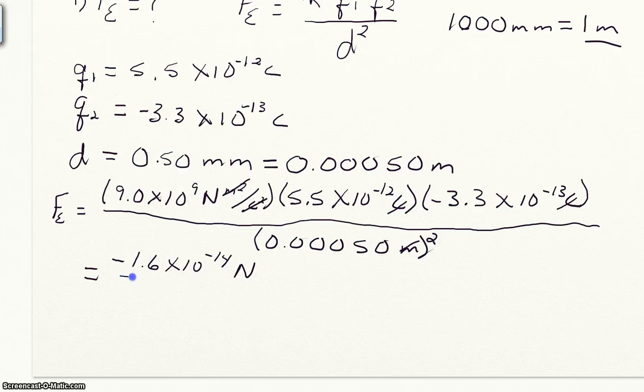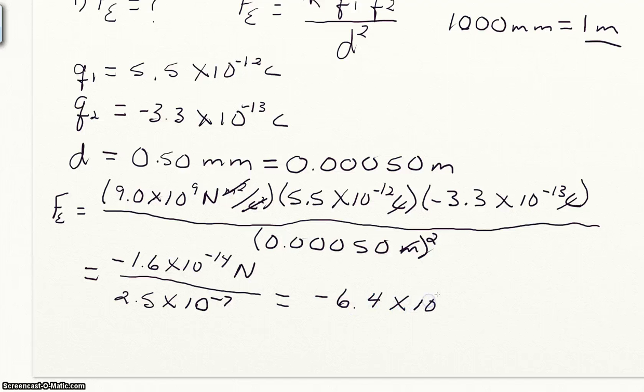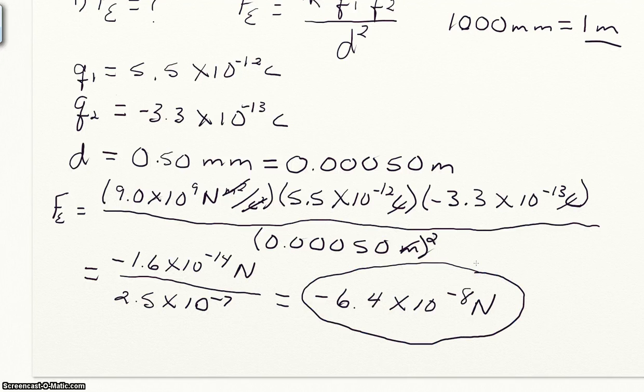So that's newtons all over, and when you square this, it turns out it's 2.5 times 10 to the negative 7th. And then you just divide these out, and you end up with an answer of negative 6.4 times 10 to the negative 8th newtons. And then circle your answer. And there you have it. We just answered our first question. All right.